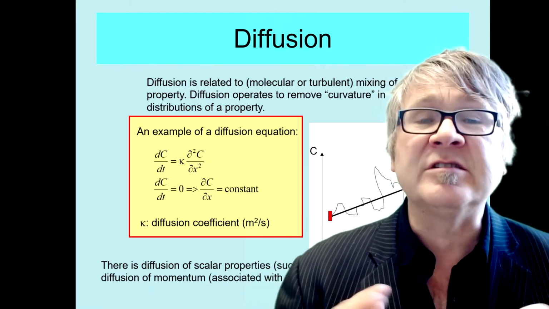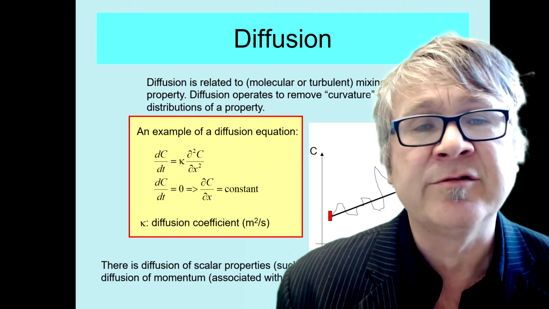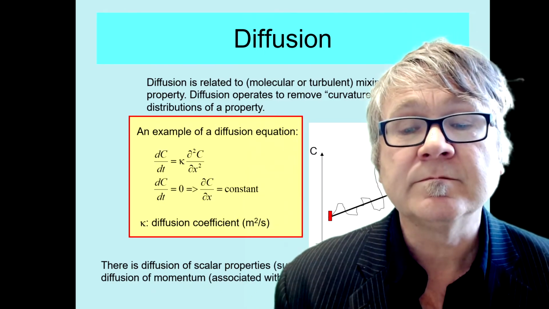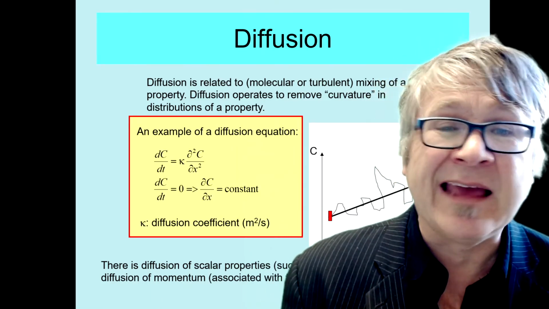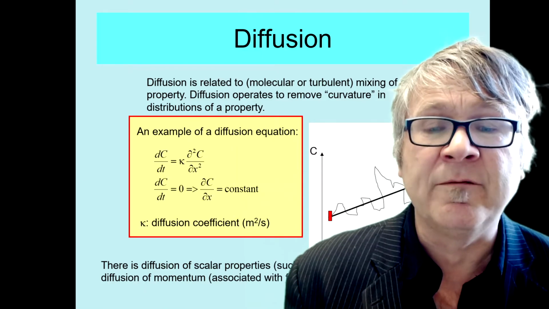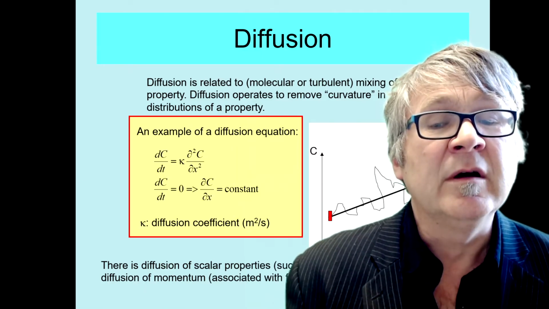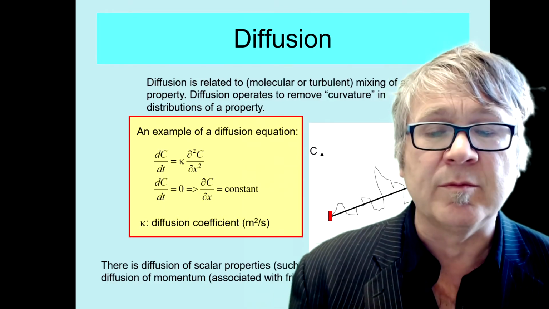It's 0 if the slope of a distribution, or the gradient of a concentration, is constant, because then you have no curvature. It does not depend in the end on the diffusion coefficient at all. The final state only depends on, well, probably how long it takes, but you get a constant slope.